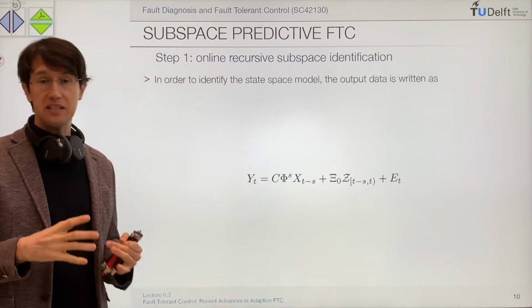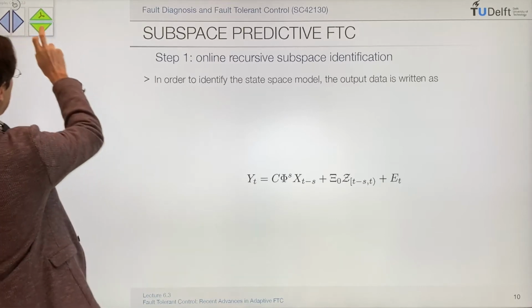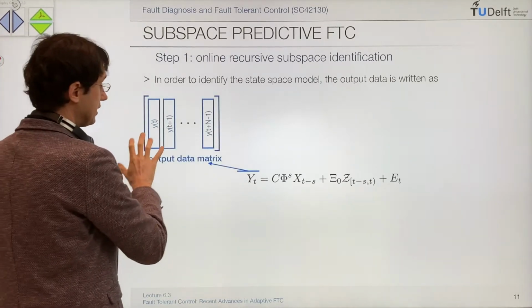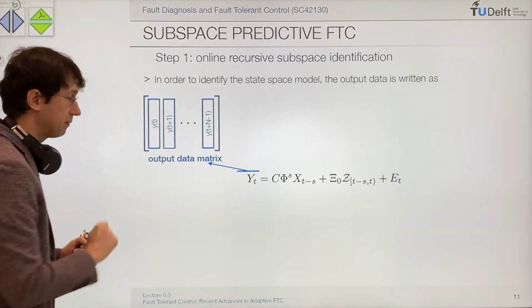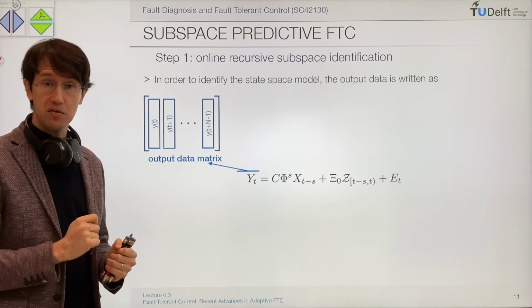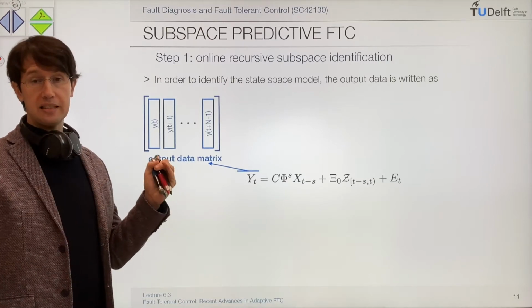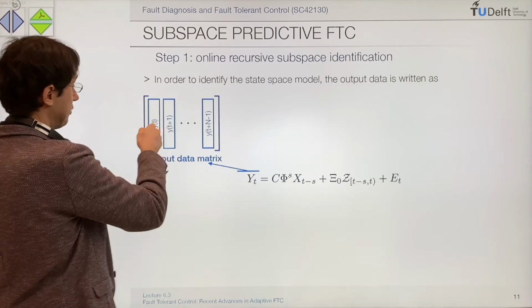So what are these new symbols that we introduce? First of all, we have Y_t, which is the matrix of the output data. This is a matrix that you build by taking measurements of Y over different time steps, so over a time window, and you stack them together.